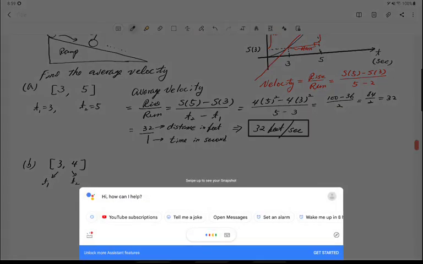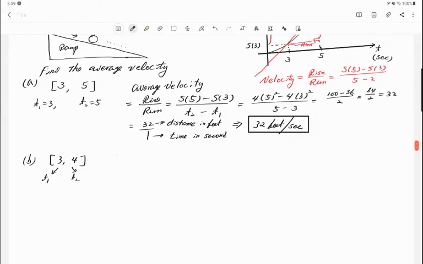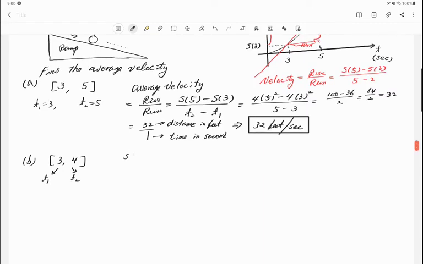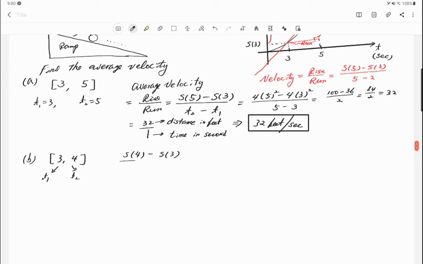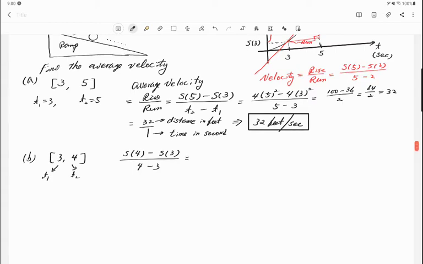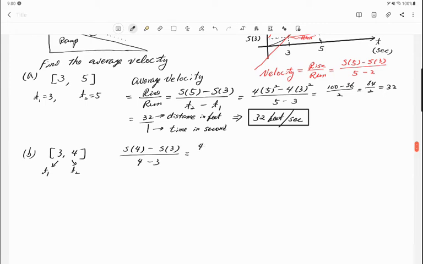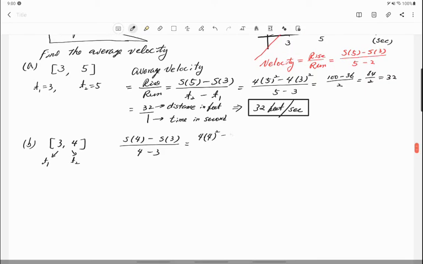So let's use S of 4 minus S of 3 over 4 minus 3, right? So that equals S of 4, which is 4 times 4 squared, minus 4 times 3 squared, over 1.